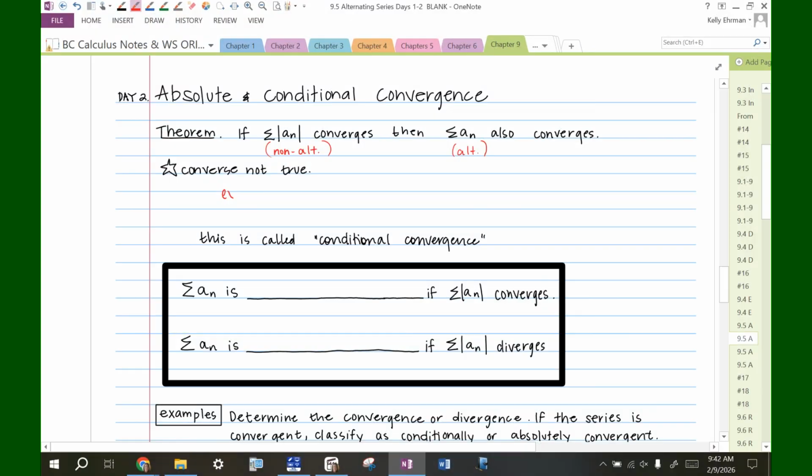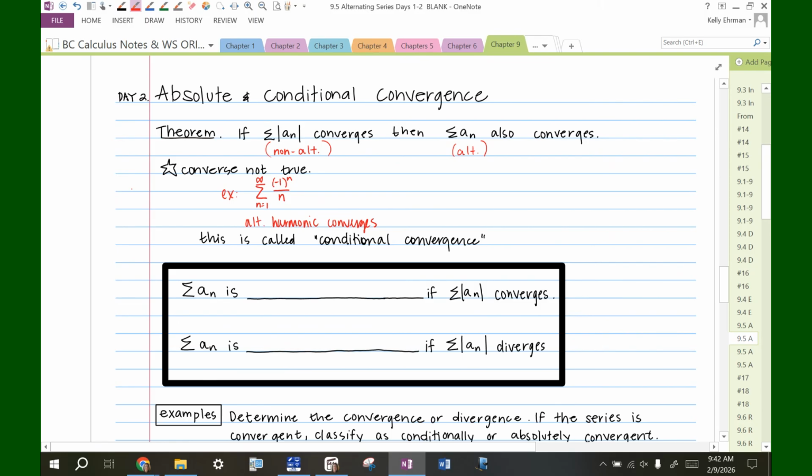So here's my example. Here's an alternating series from 1 to infinity, -1 to the n, over n, that converges. So it's the alternating harmonic series. And that converges because, remember, we learned about this in the previous day of notes.